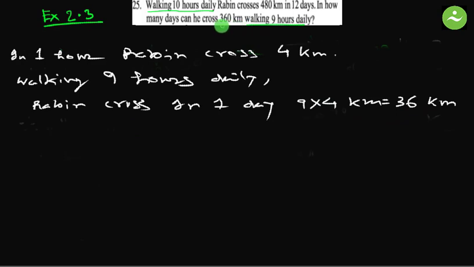So can we find how many days needed to cross 360 kilometers? Yes. So we put day on the right because we have to find out the days. Therefore, we can say Robin crossed 36 kilometers in one day.